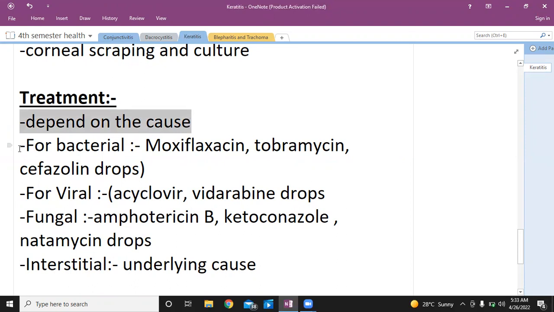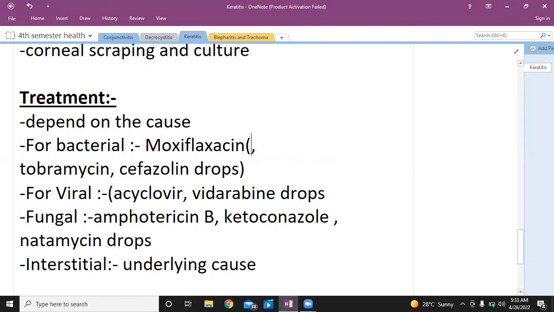If the culture finds that the keratitis is of bacterial origin, you give the patient moxifloxacin orally. If he cannot find this drug, he can also use tobramycin.